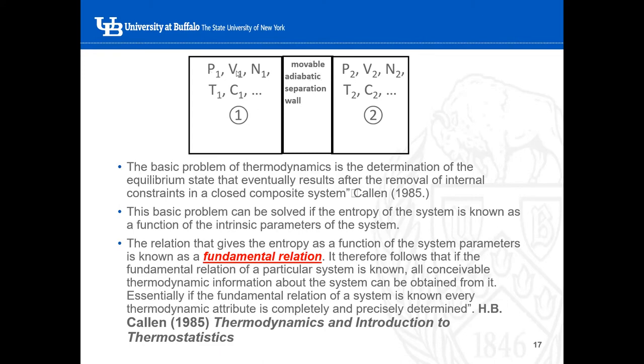P is pressure, V is volume, N is number of atoms, T is temperature, and C is concentration of the chemical. And this chamber has different values. If I remove this wall, these two will mix, and then we can calculate the final state using the laws of thermodynamics.